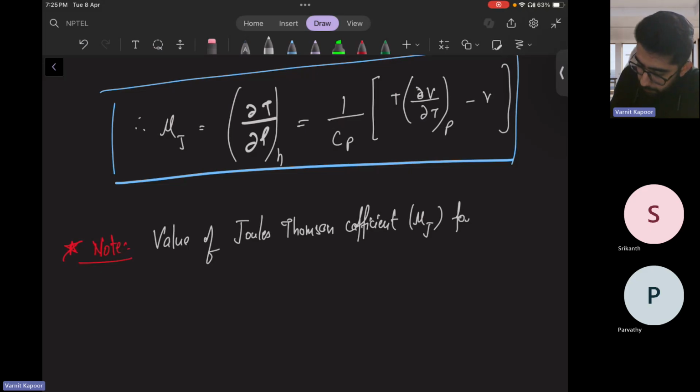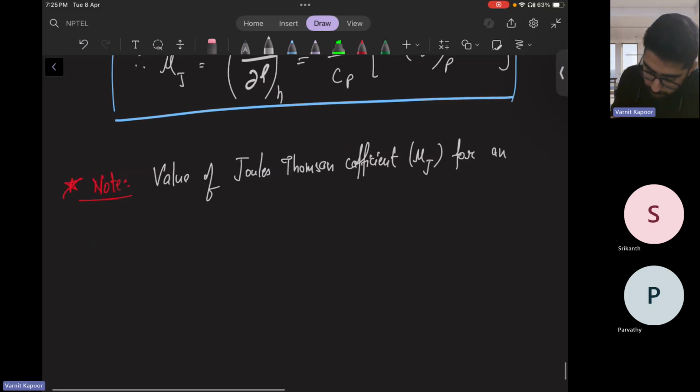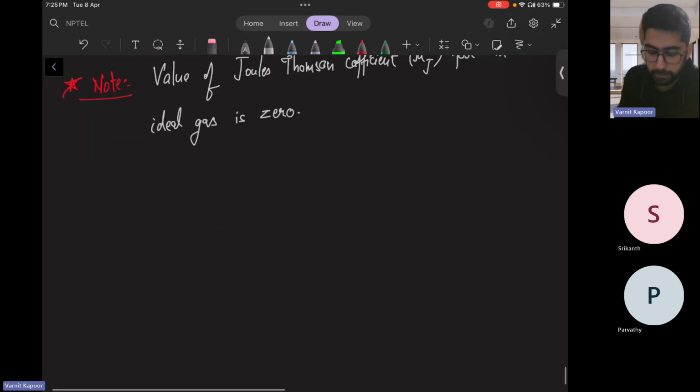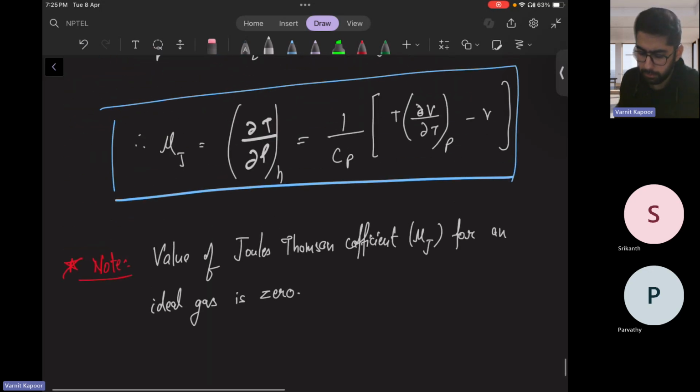For an ideal gas, mu j is 0. You have to prove this. Take a minute, use this expression, think why for an ideal gas it will be 0.